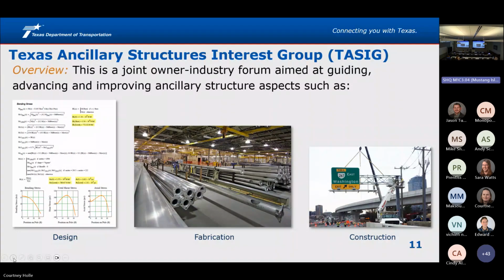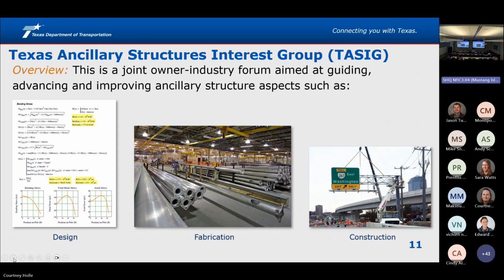The Texas Ancillary Structures Interest Group, just as a refresher, as an overview, we have been doing this for 3 years, but I know there have been new people coming on board. This is a joint owner industry forum aimed at guiding, advancing, and improving ancillary structure aspects. This includes design, fabrication, construction.